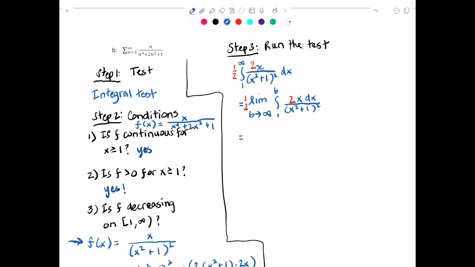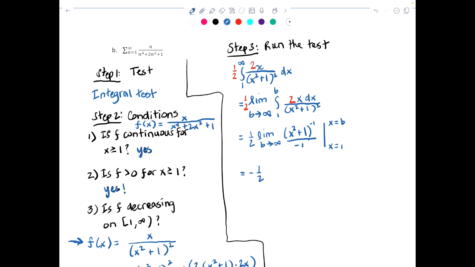That will equal 1/2 times the limit as b approaches infinity of x squared plus 1 being raised to the -2, so we'll get x squared plus 1 to the -1 over -1, going from x is 1 to x is b. I'm going to bring the negative outside the limit.